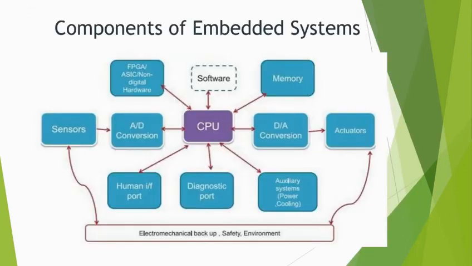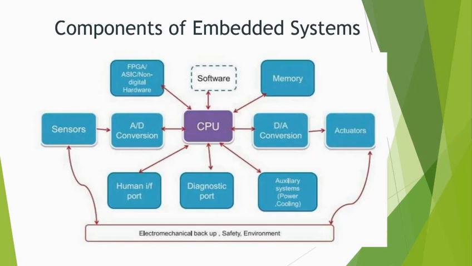The next slide is of components of embedded systems. These are the components which are very important in embedded system. The main part of an embedded system is the CPU, central processing unit. It connects the whole embedded system parts such as memory, DA conversion, actuator, auxiliary system, diagnostic port, human interface port, AD conversion, FPGA, digital hardware, sensor, and software also.